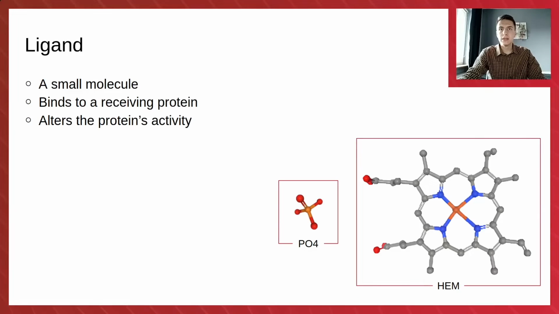The difference in sizes can be easily observed on ligands presented on the slide. The left image shows phosphate, consisting of only 4 non-hydrogen atoms. The picture on the right shows heme, the precursor of hemoglobin, which consists of 75 non-hydrogen atoms.